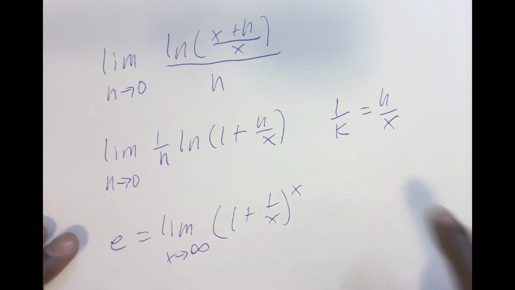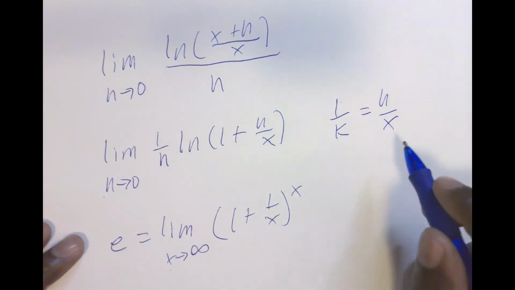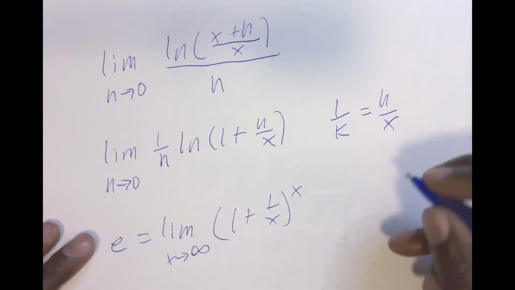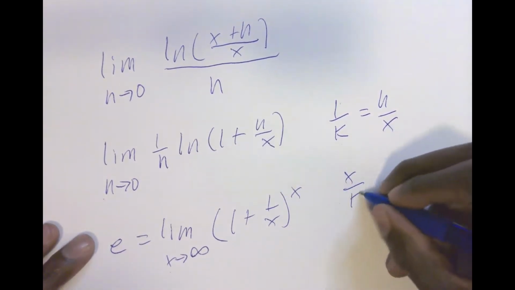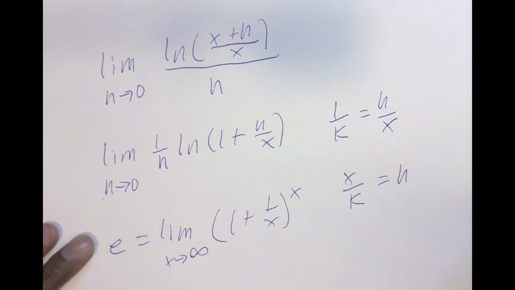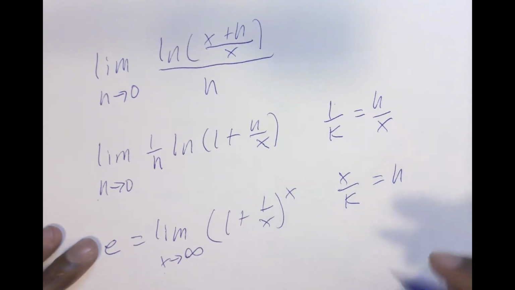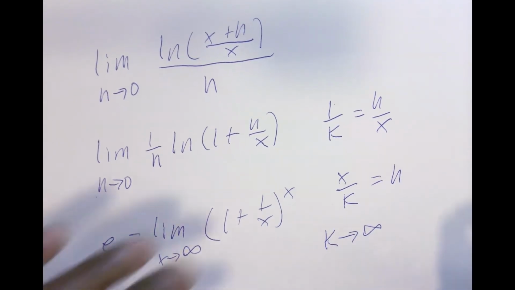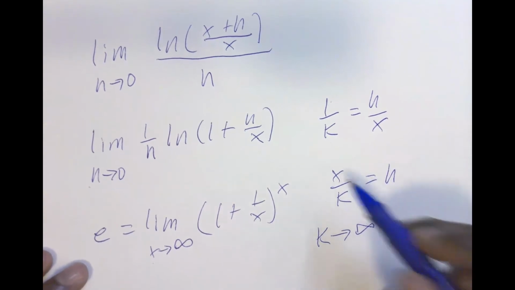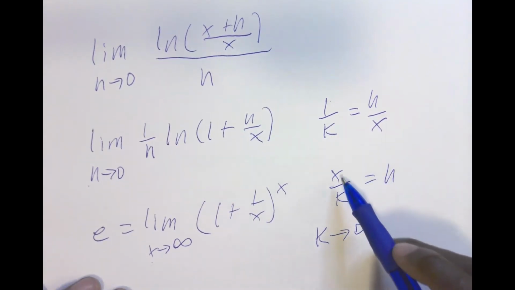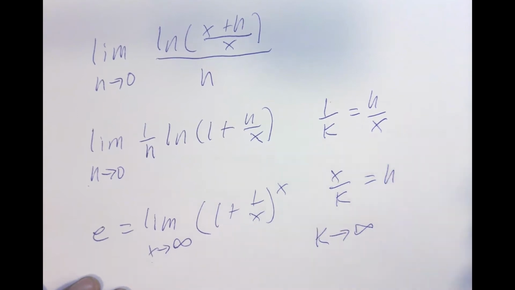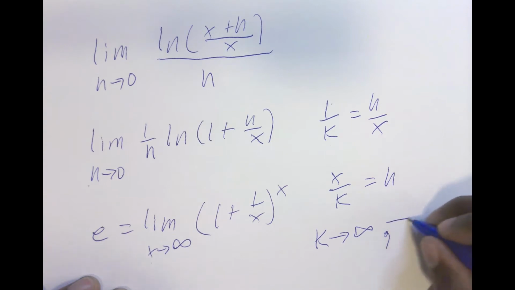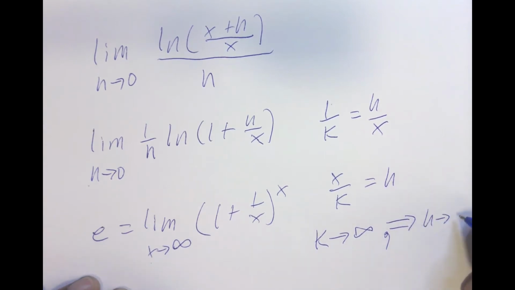Let me not simplify this, but rearrange it. Let me multiply both sides by x, and so you will have x over k equals h. And then let me make k go to infinity. So k goes to infinity implies what? Think of x as a constant. If this is some constant, then as k goes to infinity, that implies that h goes to 0.